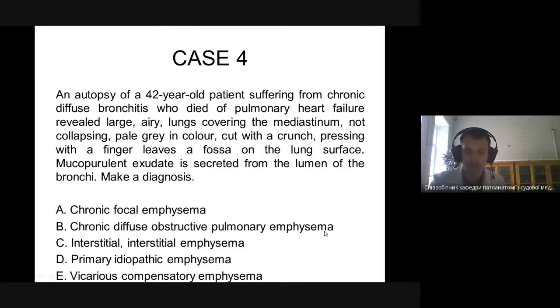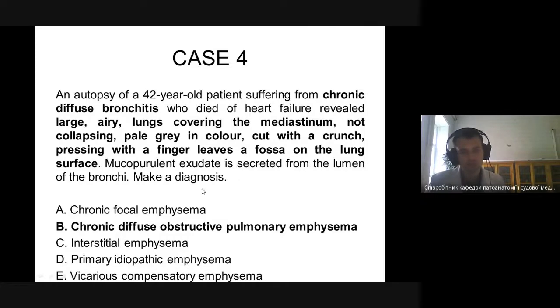So the only correct answer is chronic diffuse obstructive pulmonary emphysema. Chronic diffuse bronchitis is the cause of emphysema development. Large lungs covering the mediastinum, not collapsing: all these features are specific for emphysema.